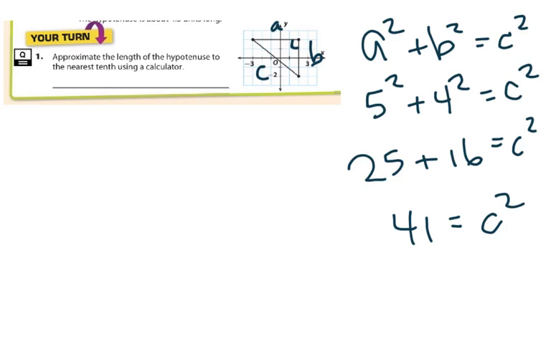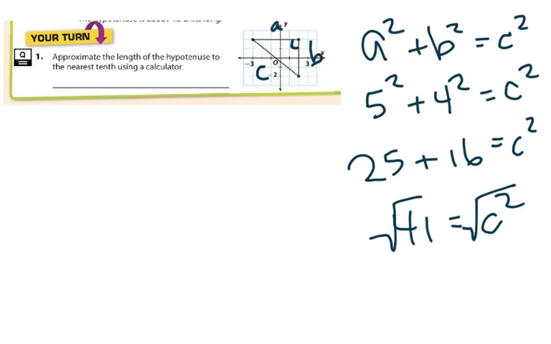41 equals C squared. In order to find out what just C is, because that's what I want, I need to take the square root of 41. And remember, I can do this on a calculator. Let me turn my calculator over so that I can find it. My phone's not cooperating with me right now. It's not giving me a square root function, so I'll just ask Siri.